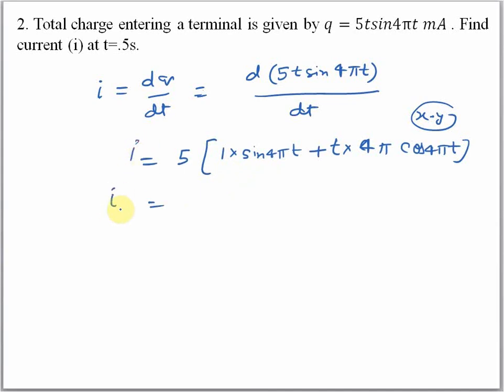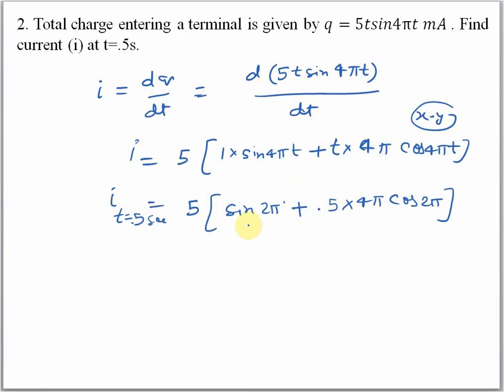Now what will be the current at t equals 0.5 second? We have to put the value of t equals 0.5. So 1 into sine 4 pi t, with t at 0.5, means sine 2 pi, plus 0.5 into 4 pi cos 4 pi t, which means cos 2 pi.